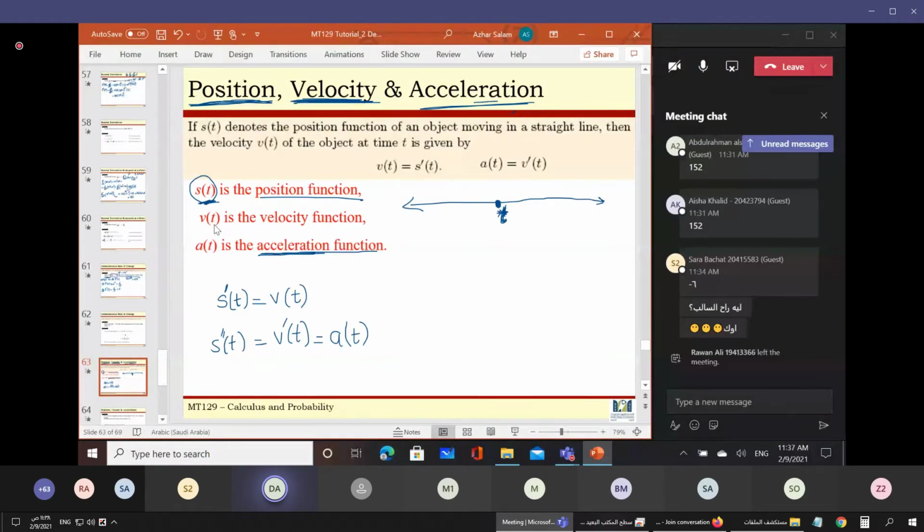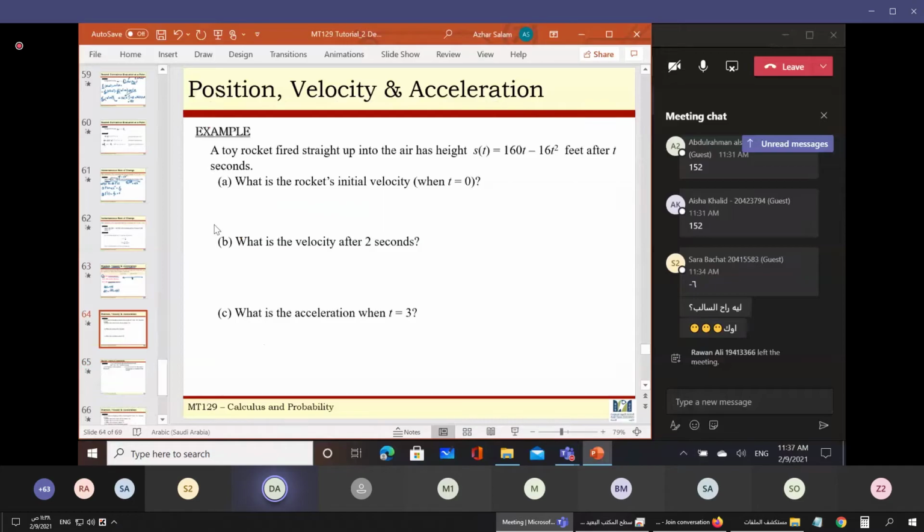Now, for an application, I will take this example. A toy rocket, fired straight up into the air, has height s of t.